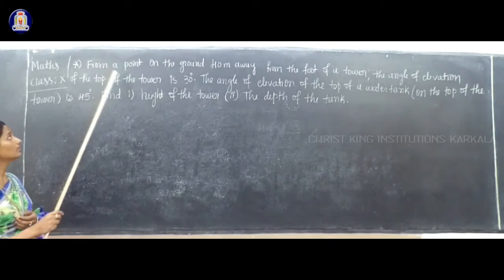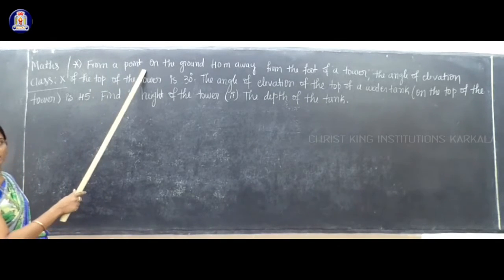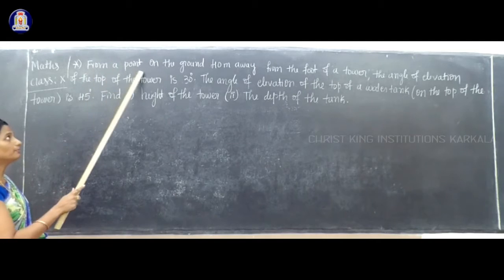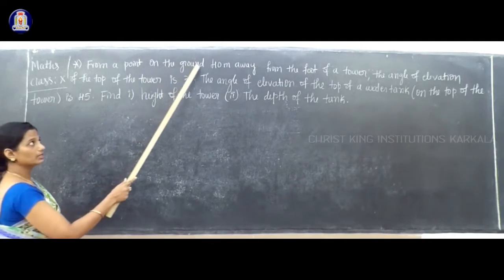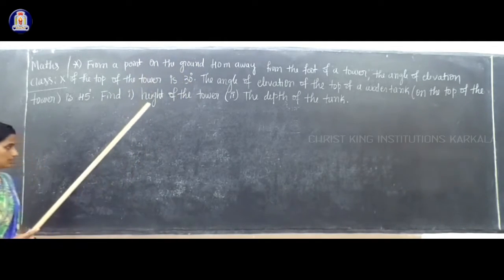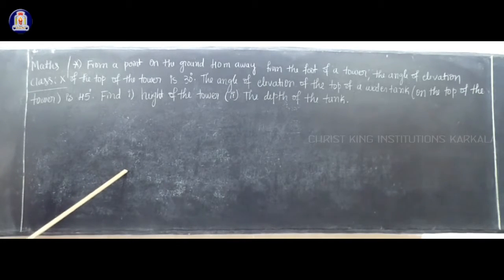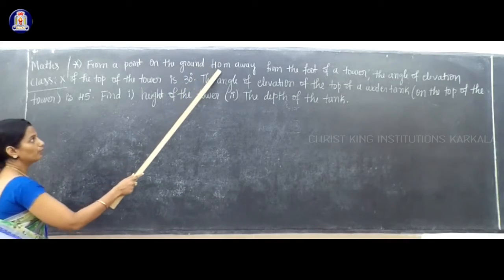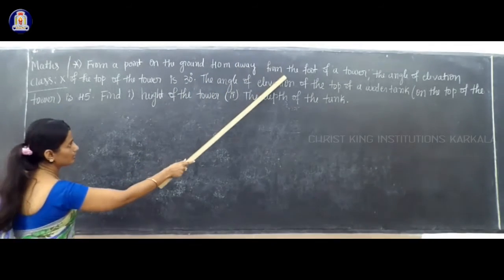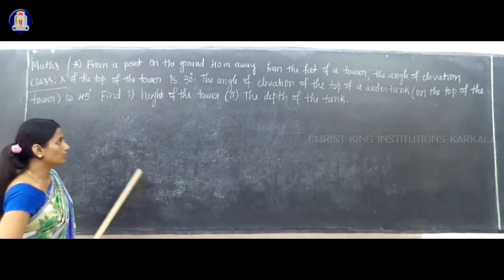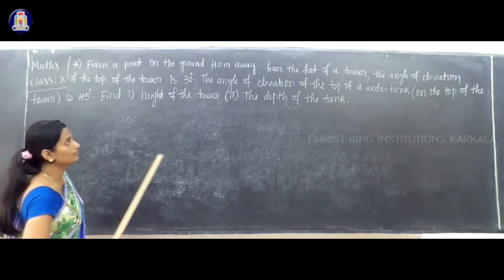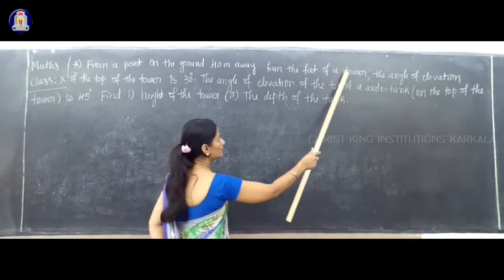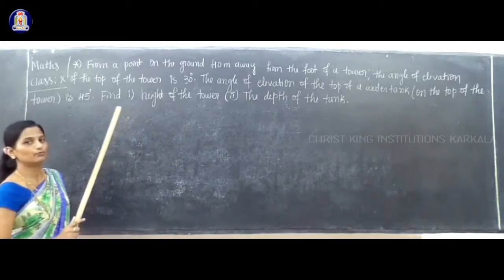Next question. From a point on the ground, this point is 40 meters away from the foot of the tower.